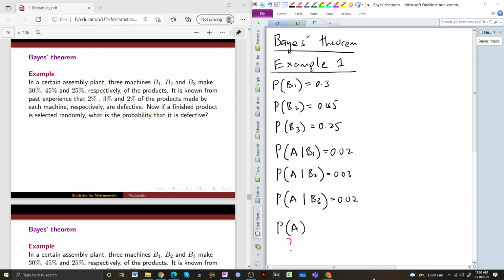Now as I told you before, you want to find the probability for a single event. What you need to do, you have to plus all the joint probability related to that event.